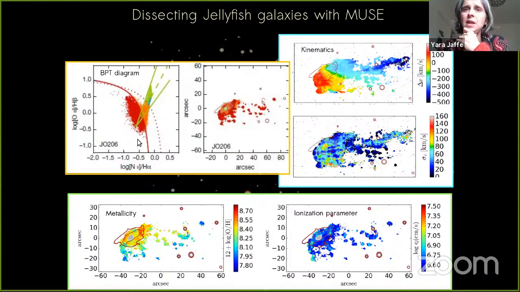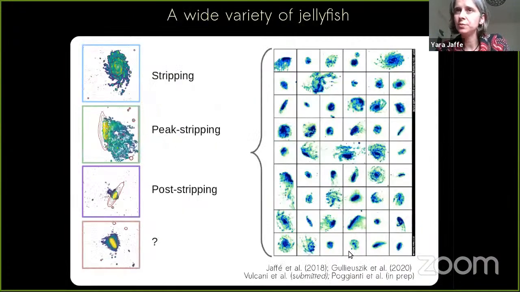So for example, gas that is being ionized by star formation is colored in red and mapped here in the galaxy, and gas that comes from an AGN is here at the center. We can also look at metallicities in these galaxies, gas phase metallicities, ionization parameters, age of the stellar population, a lot of things. It's really infinite the amount of things that you can do.